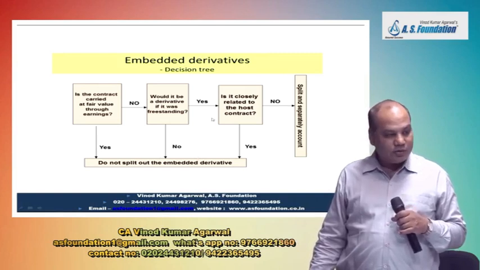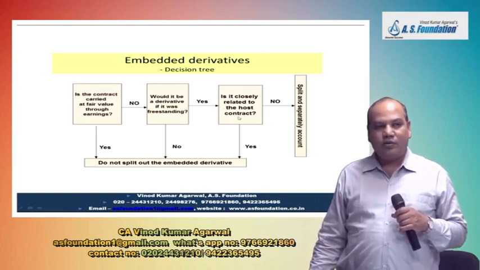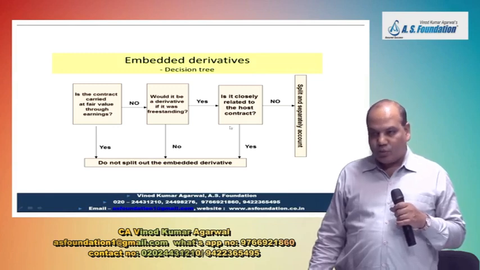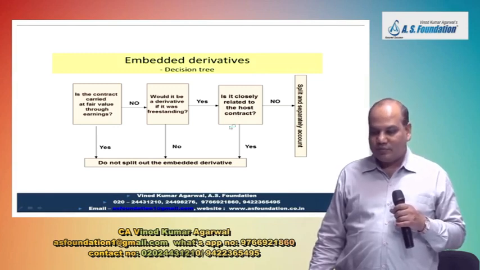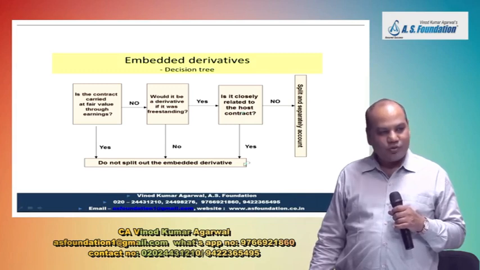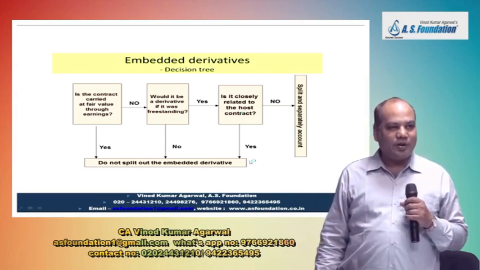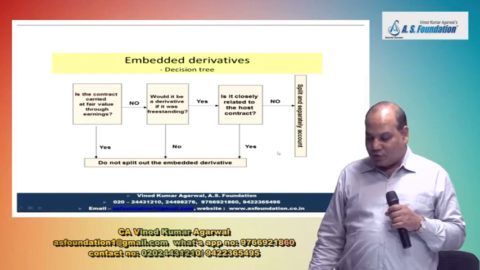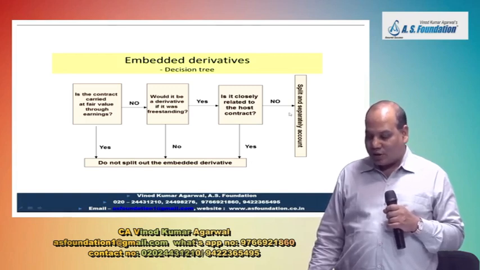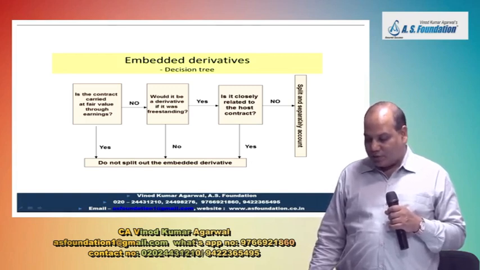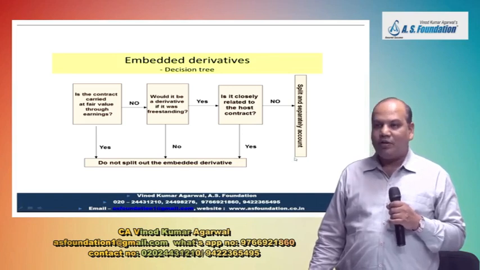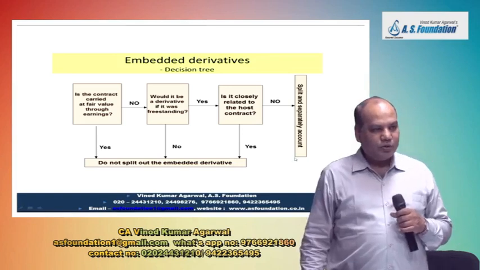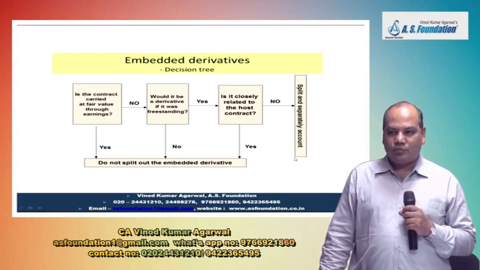But if the answer is yes, then apply the third test. Is it closely related to the host contract? If the answer is yes, it is closely related, again, no need to separate. But if it is not closely related to the host contract, then split and separately account. Then split and separately account.